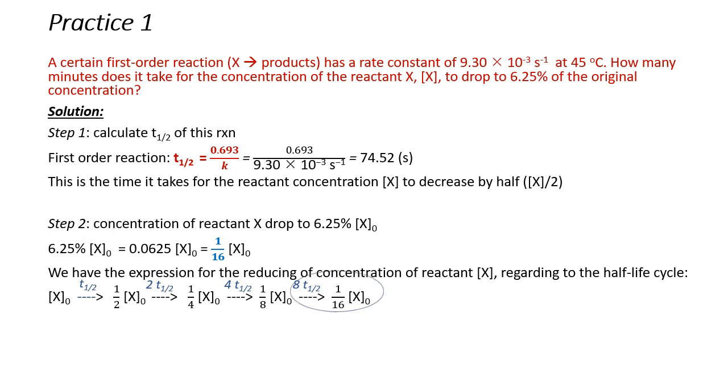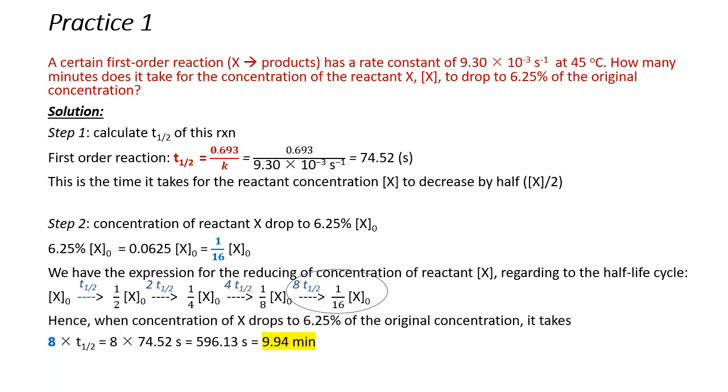And using that, we know that the concentration of reactant X drops to 6.25% of the original concentration after four half-lives. So we will use the half-life of X, which is 74.5 seconds, and multiply by 4.